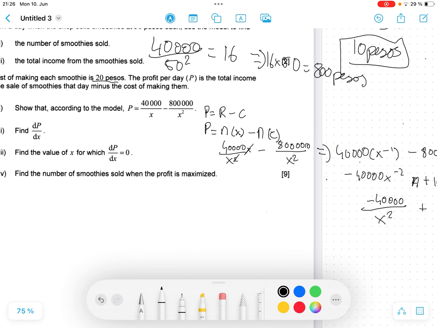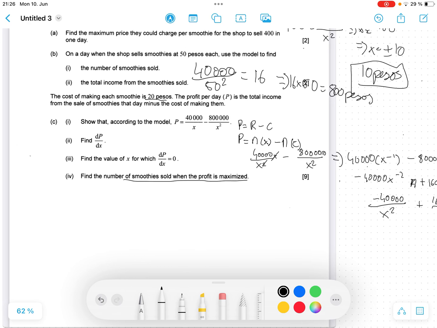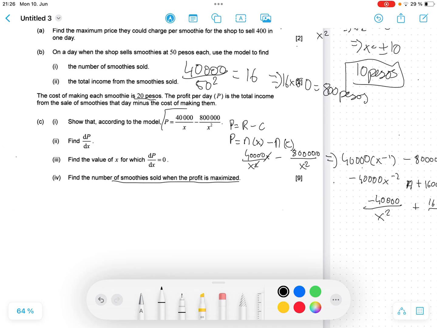So it says find the number of smoothies sold when the profit is maximized. There are a couple of ways to do this. First, you can just graph this function and find the maximum point of this function. If we try it with that method, we simply have to go to our GDCs and input it, which will give you a graph that looks something like this.